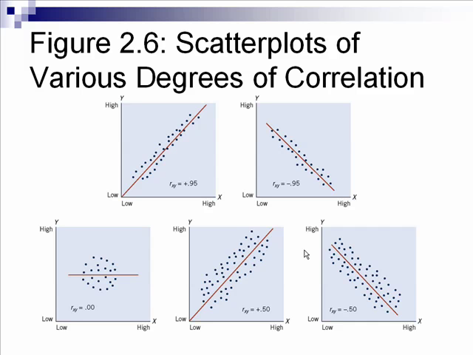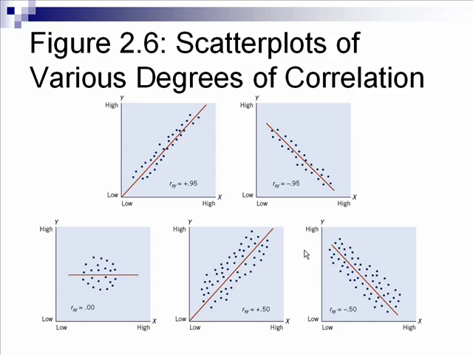Probably the best way to understand correlation coefficients is to look at pictures or scatter plots of the relationship between two different variables. What you see in front of you are 5 illustrations of the relationship or correlations between two different variables. On top, we see some very strong relationships. One is a positive relationship, and those numbers are 0.9 and 0.95 and negative 0.95 respectively.